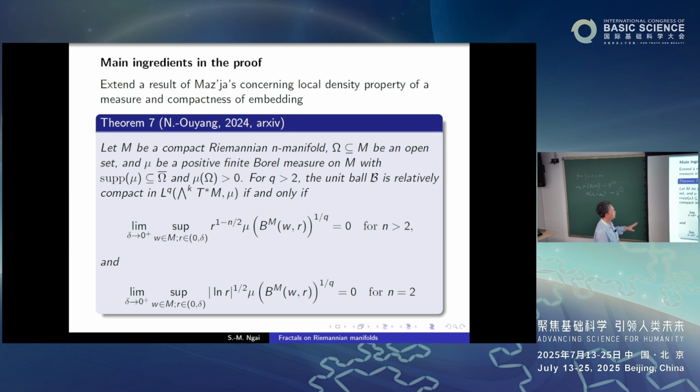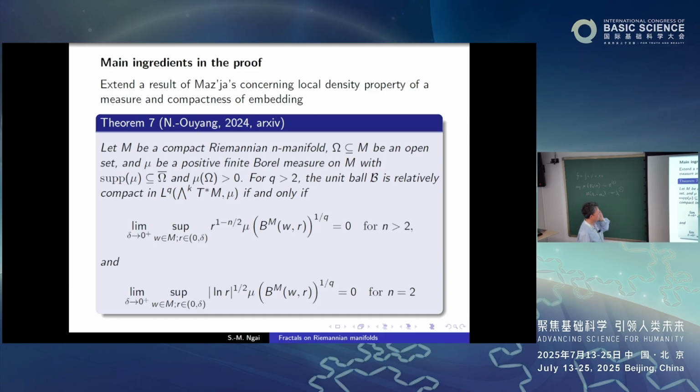Once we can prove that the unit ball of smooth functions with compact support is relatively compact in this space, then we know, by a standard result, that there exists an orthonormal basis of eigenfunctions. So this compactness of embedding is the most technical part.